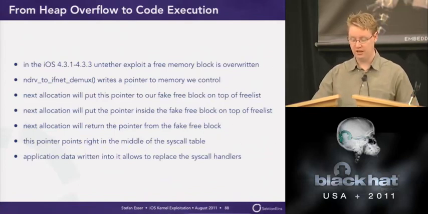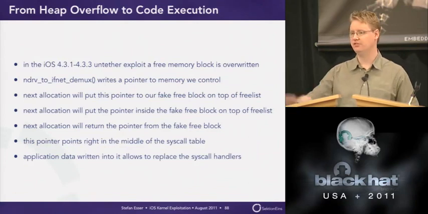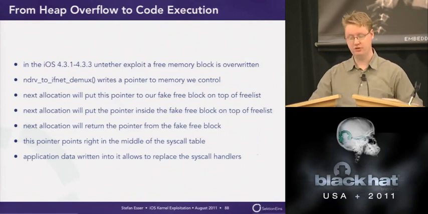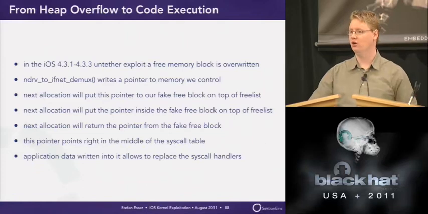In this case, it was 207. The stuff around 207 is a bunch of unused syscalls, so this was the easiest way to do it. So I just write in the middle of that, overwrite the syscall handler for 207, and then I just have user space code that calls syscall 207, and voila, I'm in the kernel.